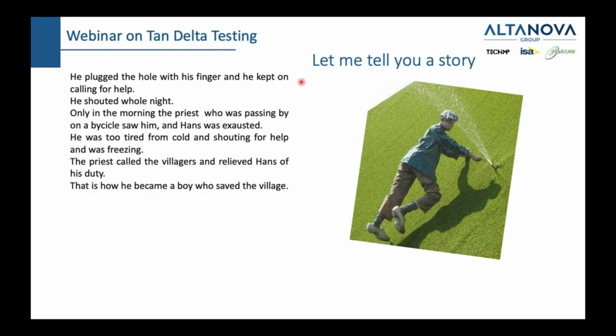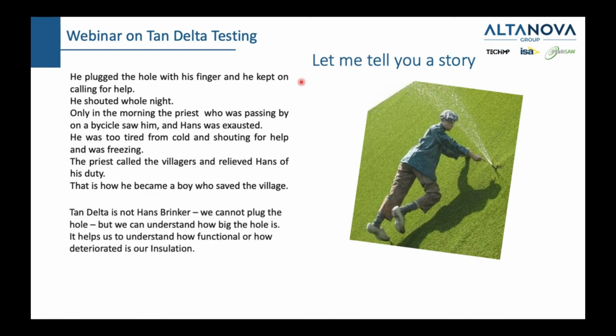Now, tan delta is not Hans Brinker. We cannot, unfortunately, plug the hole. But what we can do with tan delta is understand how big the hole is, let's say metaphorically. It helps us to understand how functional or how deteriorated our insulation is.